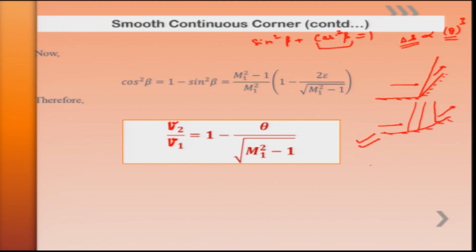Whereas if the flow is turning away from itself, we have noted that this kind of waves which we call expansion fans are present, which essentially relax the flow. We said that these expansion fans are isentropic in nature.